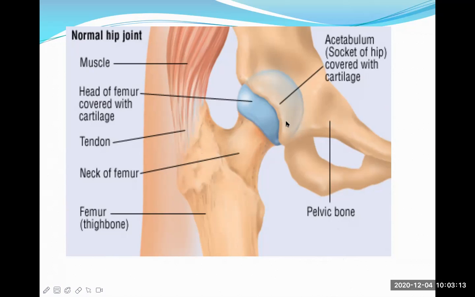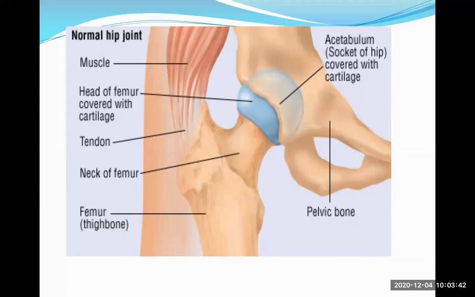Now this hip joint is surrounded by the capsule. In the last class, I clearly told you where the attachment of the capsule is. Towards the pelvic bone, it attaches on the margin of the acetabulum, and towards the femur, it attaches anteriorly on the intertrochanteric line, and posteriorly a bit superior to the intertrochanteric crest.